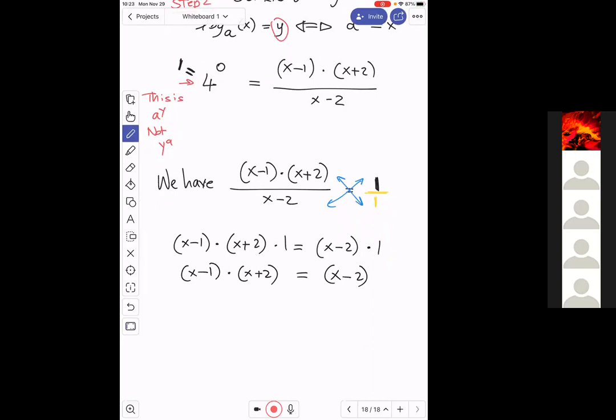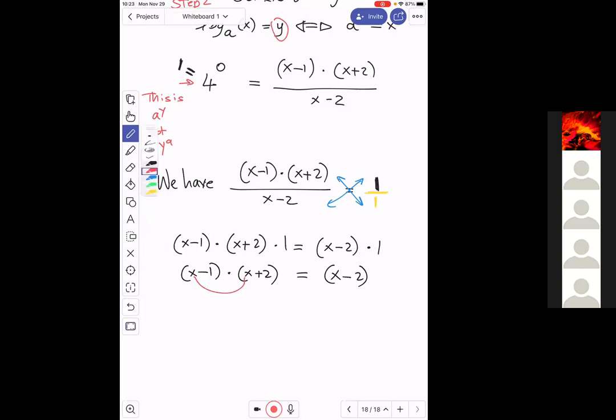All right, so now as you can see, the left side looks like a quadratic function, because the highest power of x on the left side is x squared, right? Because you multiply x by x, that will be x squared.